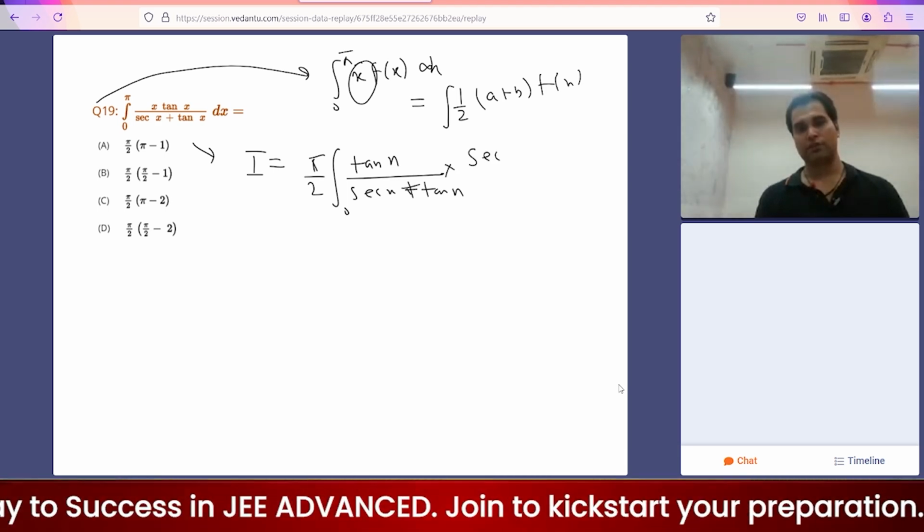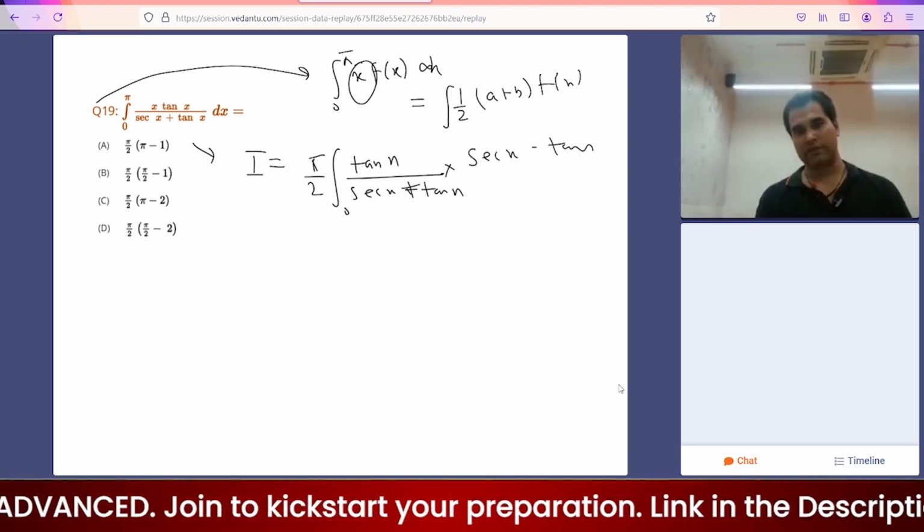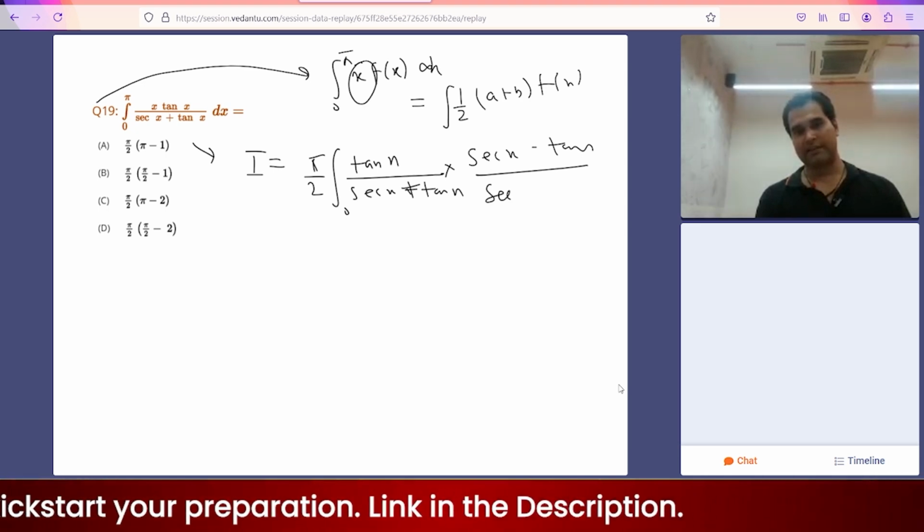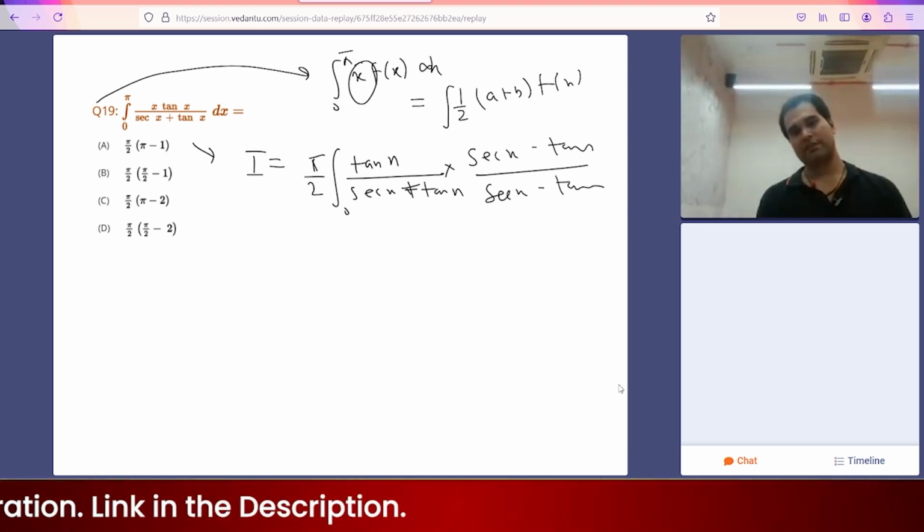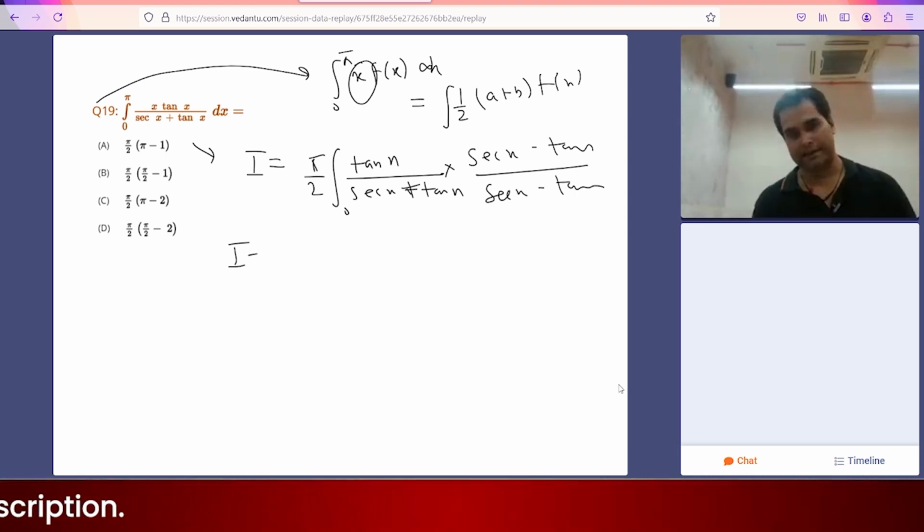Now solve this integration: rationalize by multiplying sec x minus tan x upon sec x minus tan x.